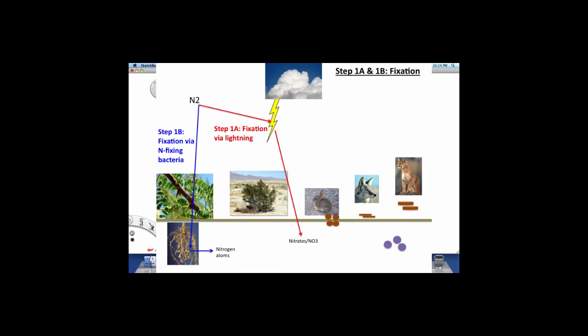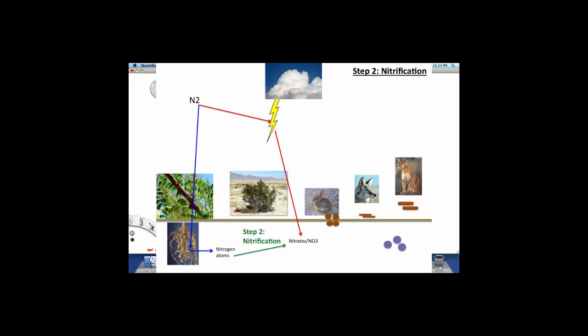Notice that the plant in the picture is a legume. It's a native legume that we have here, which is cat claw acacia. And then on the roots, you can see those little nodules where the nitrogen-fixing bacteria are living. And so that blue arrow comes through and out and shows that you now have single nitrogen atoms.